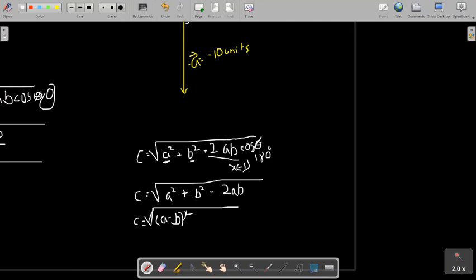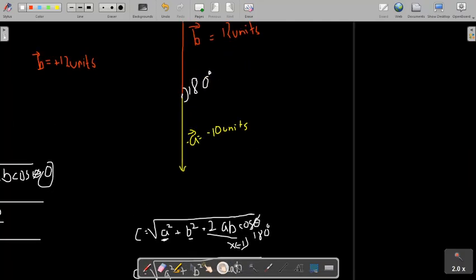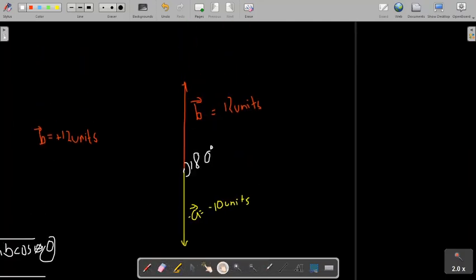It only means that the change will be pointing downwards, since we are assuming that downwards is negative. So if we line these up tail to head, I would erase the 180 degree. This tiny part we are getting will be the change.